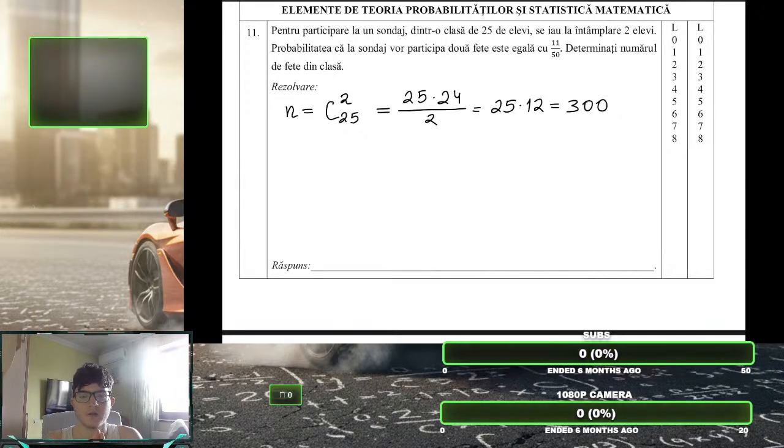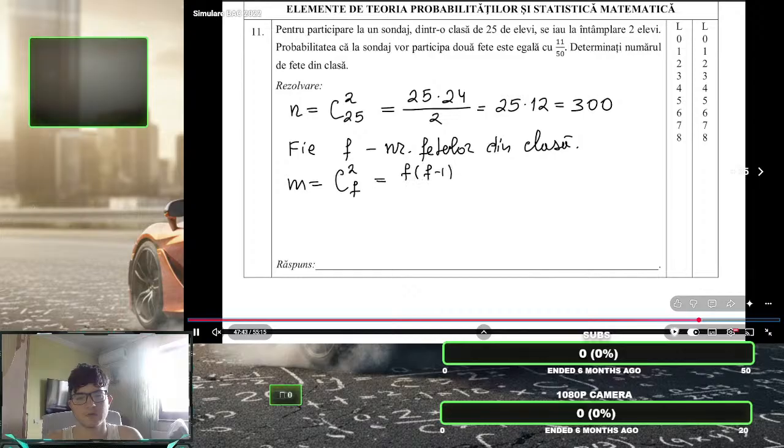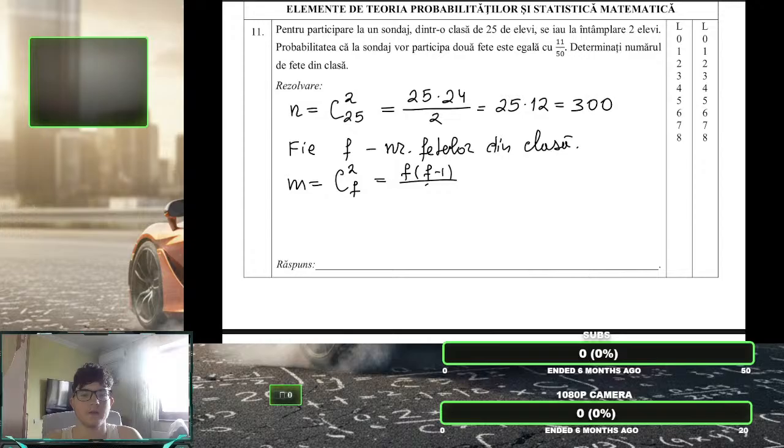So should I just write down C(f,2)? 2 are taken, and f is the number of girls, and then you equate this with 11 by 50.